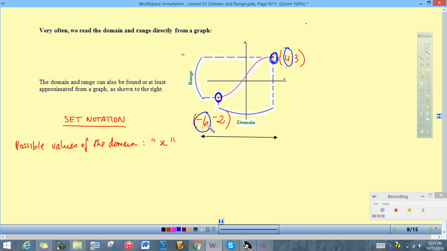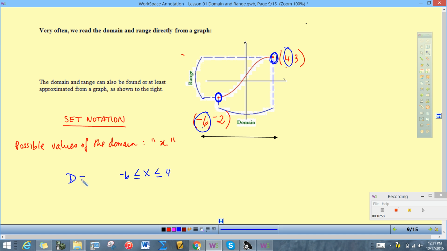Because they're starting at -6 and ending at 4, and because it's a closed or colored in dot, I'm including both -6 and 4. I know that my value of x has to be greater than or equal to -6, but it's got to be less than or equal to 4. Now, in using set notation, we want to use a very particular format.